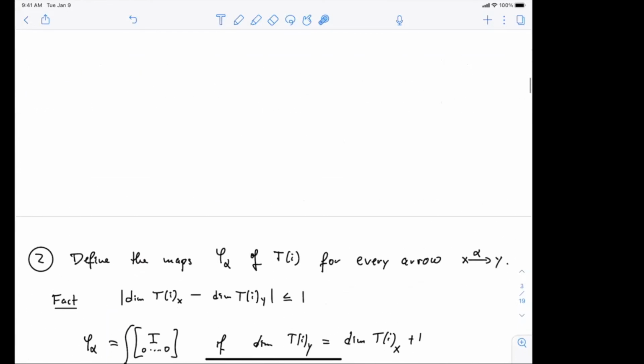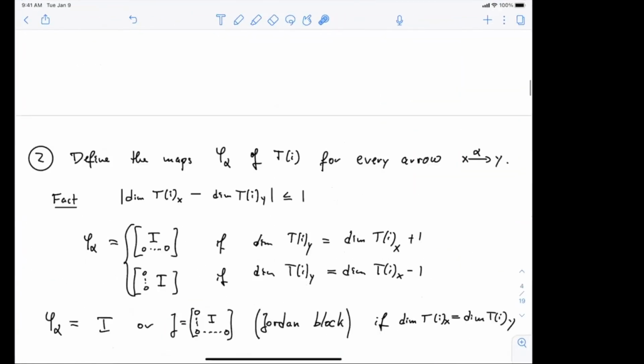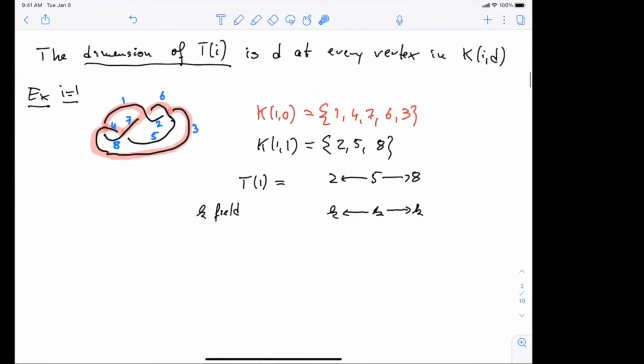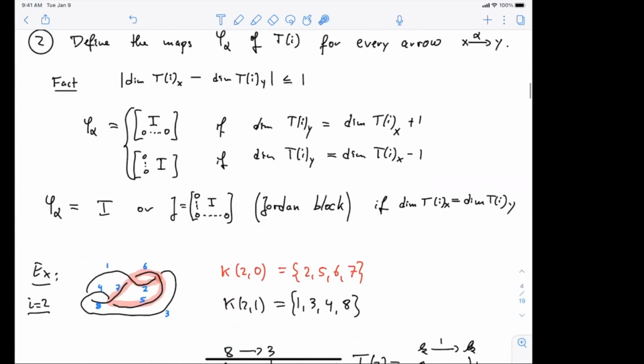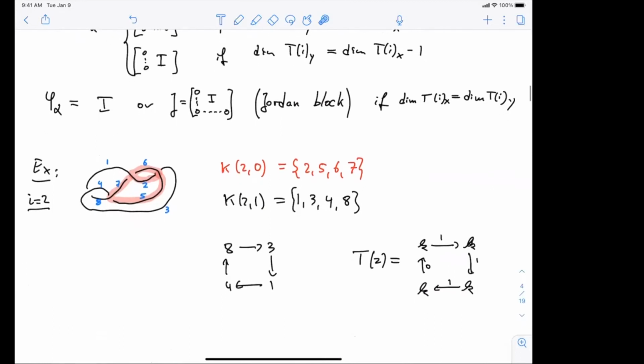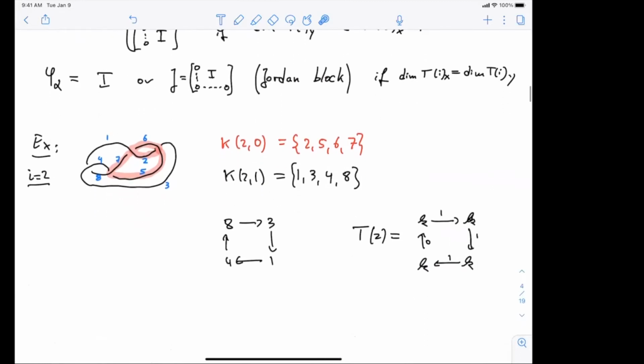Okay, so to illustrate this and to show the dependence on the chosen segment, I have here an example where we choose the segment 2. Again, in red, you can see K20, all the segments that see the segment 2. And then K21 has 4 segments left, 1, 3, 4, and 8.